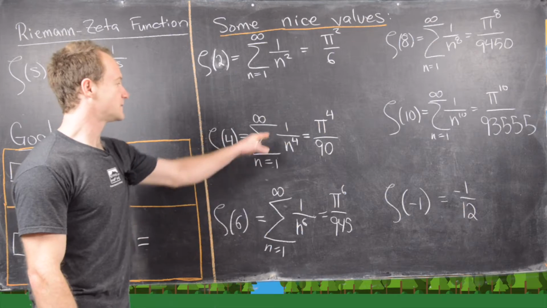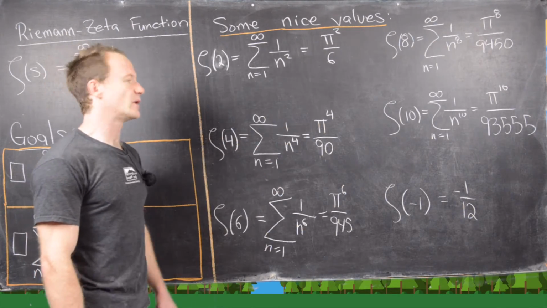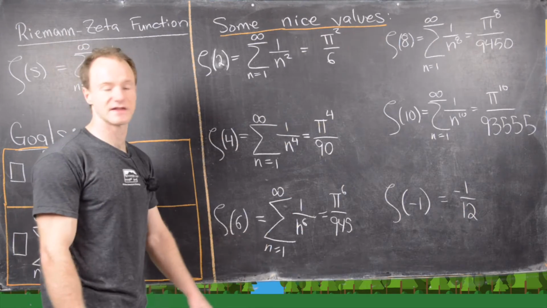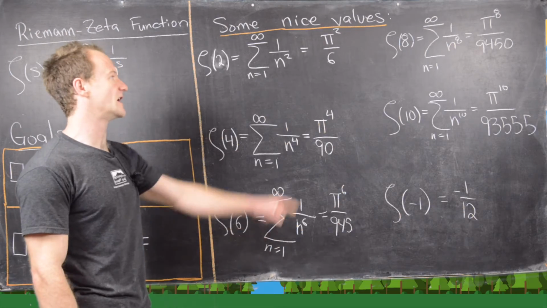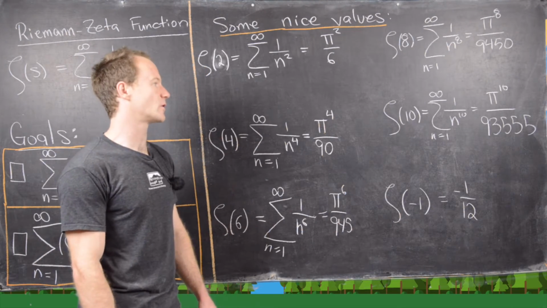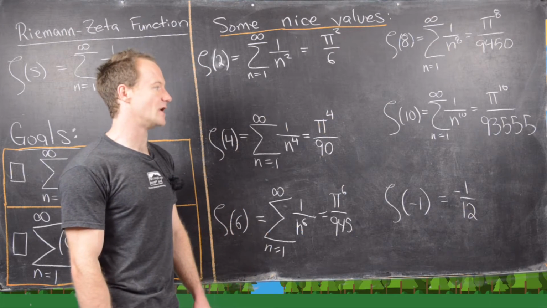Zeta of 4, the sum of the reciprocals of the fourth powers of the natural numbers, is pi to the 4th over 90. Zeta of 6 is pi to the 6 over 945. Zeta of 8 is pi to the 8 over 9,450. Zeta of 10 is pi to the 10 over 93,555.